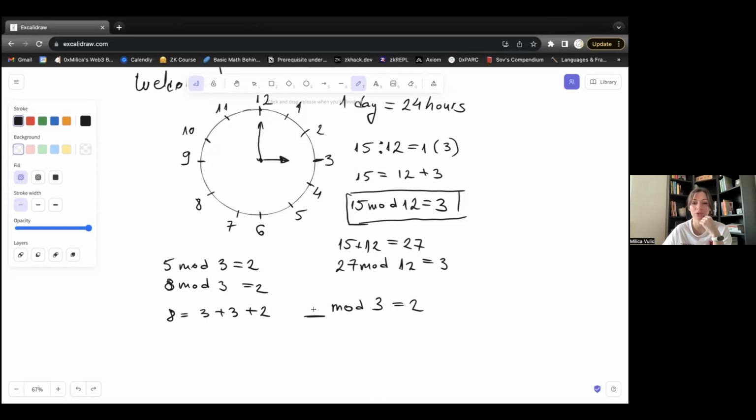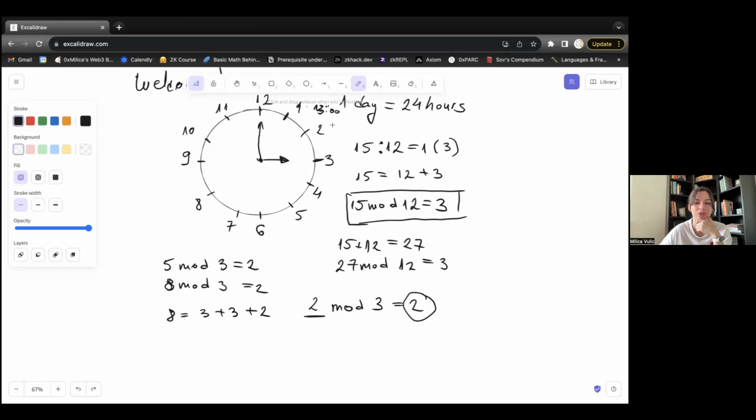This can be 2, but this can also be 5, and this can also be 8, and so on and so forth. It doesn't matter how many times we add 3, the modulus will always be the same, this kind of residue we have from the circle. So we can tell that this one is also congruent to 13.